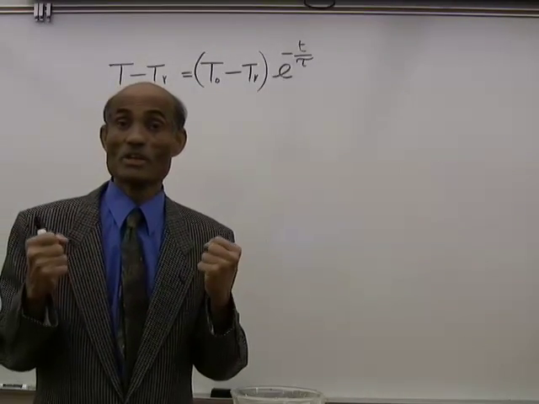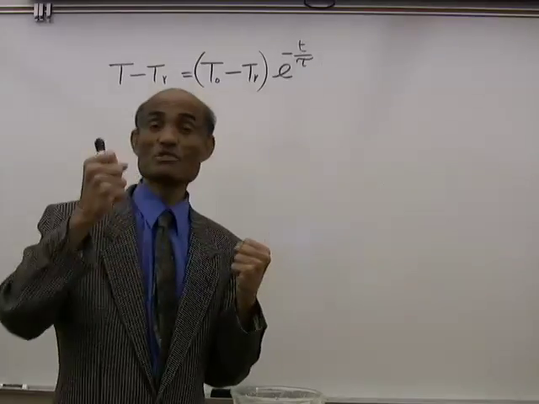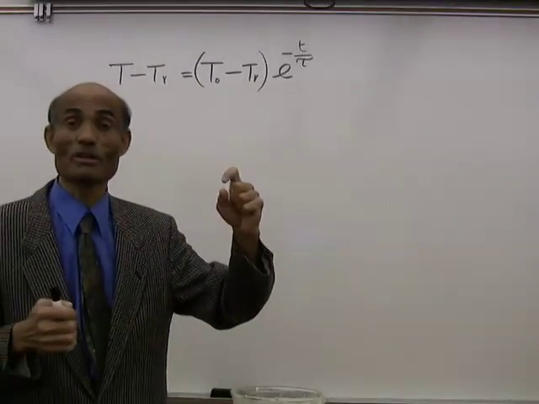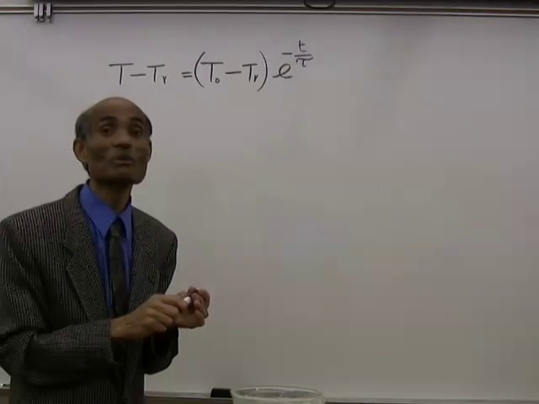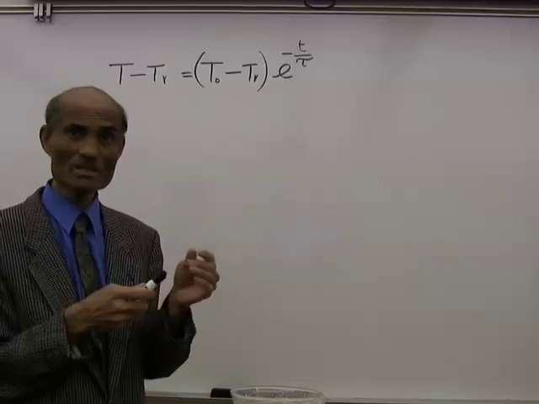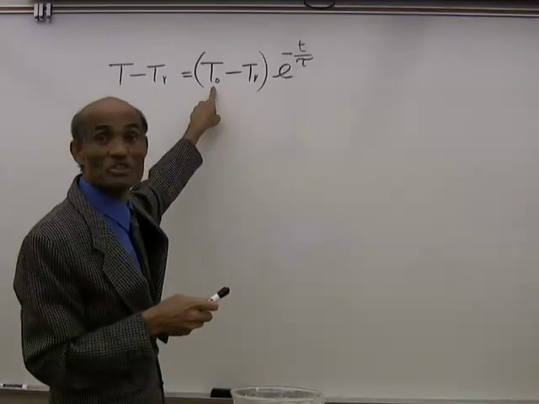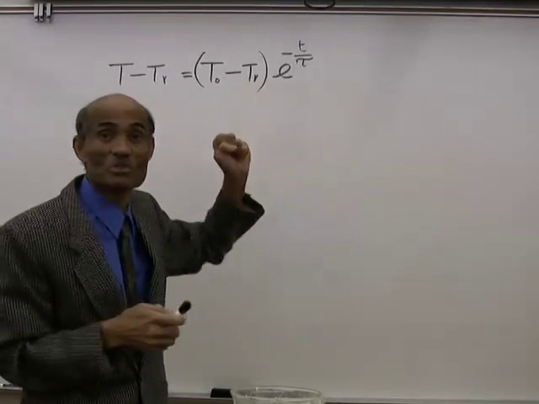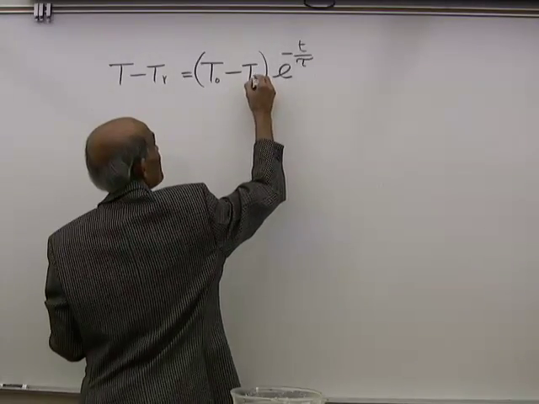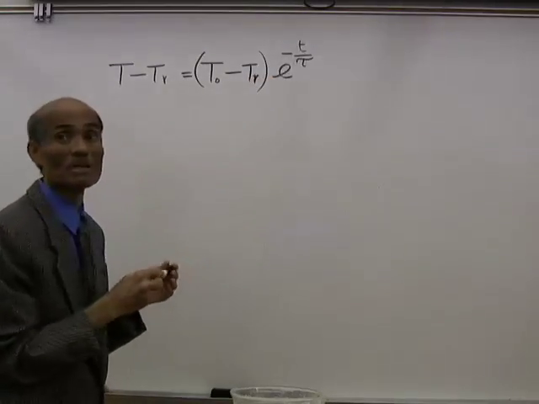You see, the instant when a person is killed, what is the temperature of the body? The normal human body temperature is about 37 degrees Celsius. Is that right? So this is T0, the initial temperature. And of course TR is the temperature of the surrounding room, the room temperature.